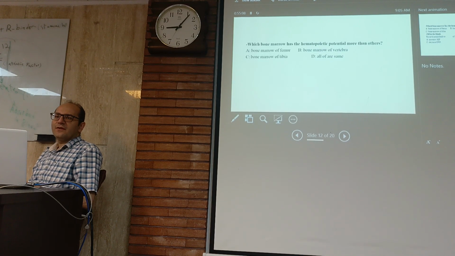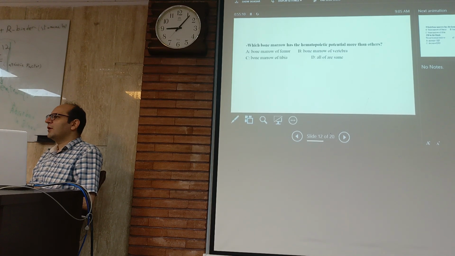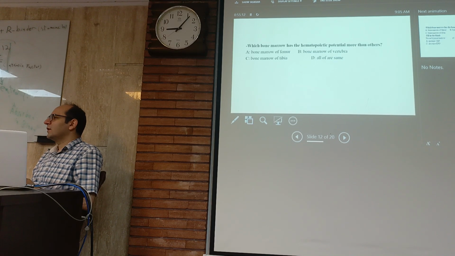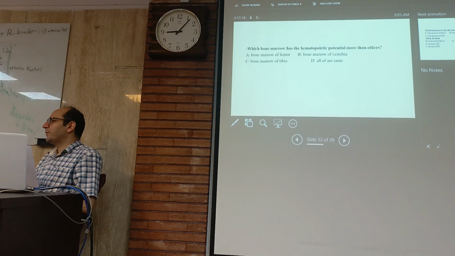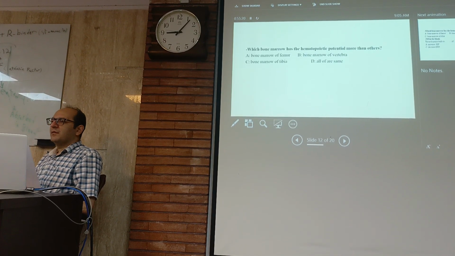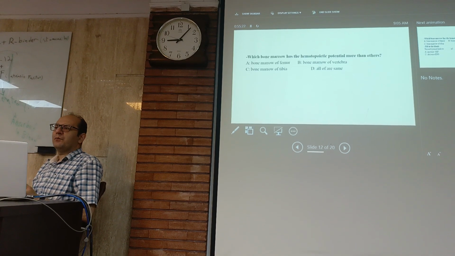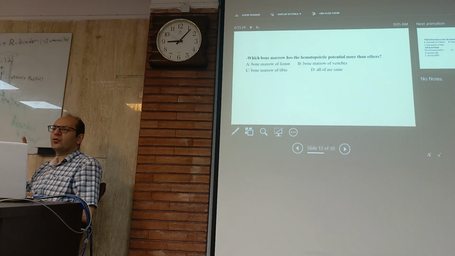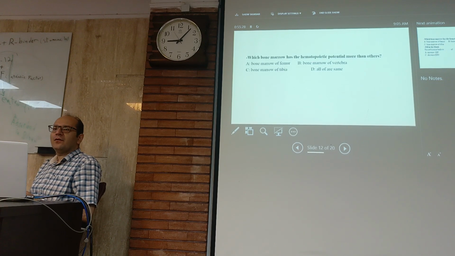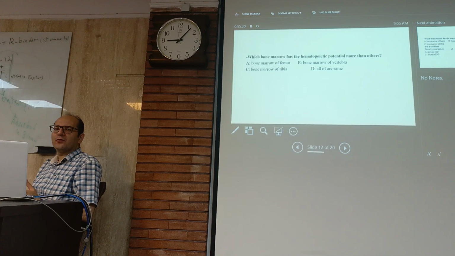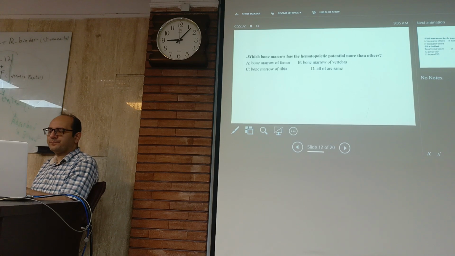Again, C also is incorrect because femur and tibia, both of them belong to long bones. So the correct answer is B. Because I told you the bone marrow of short bones produces RBC in the overall period of life. Okay?